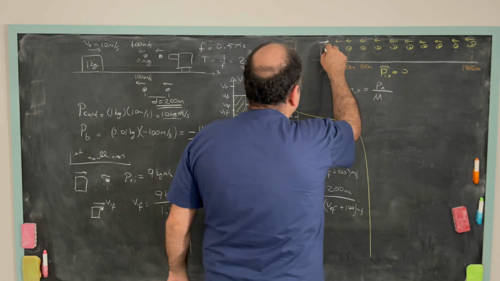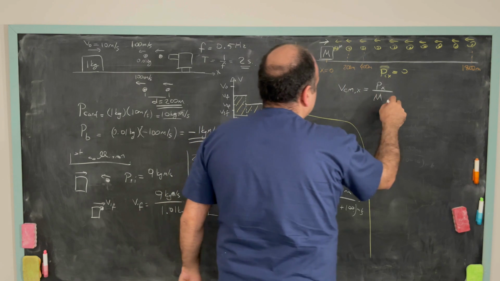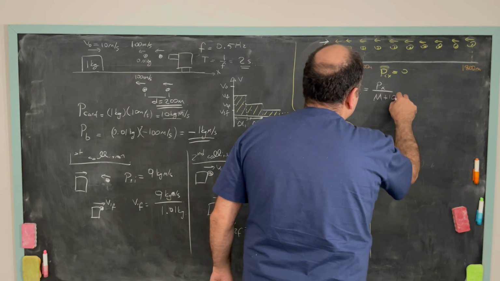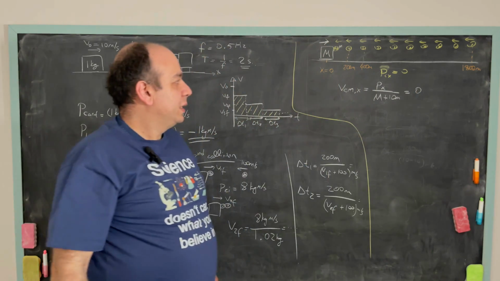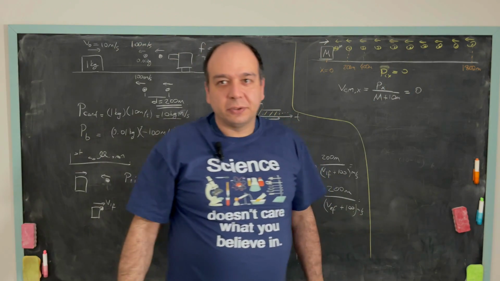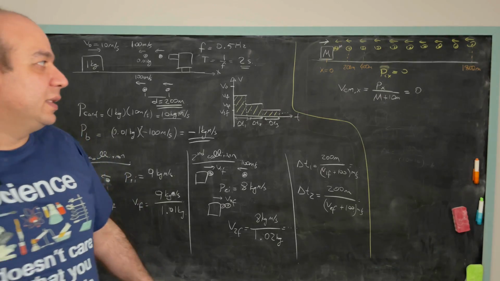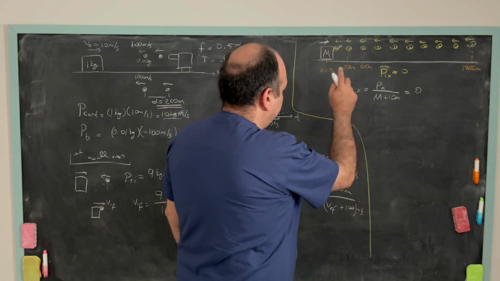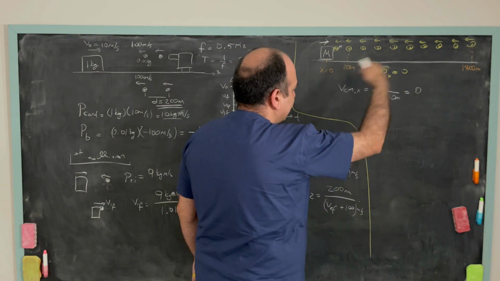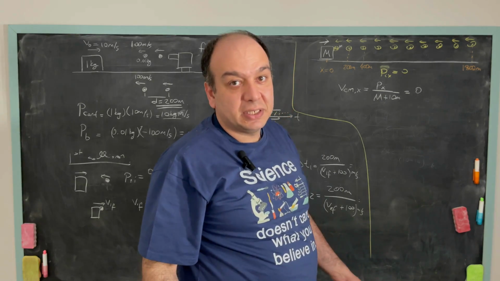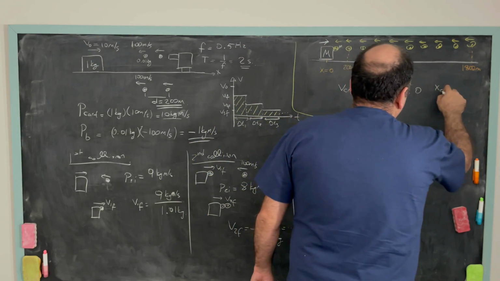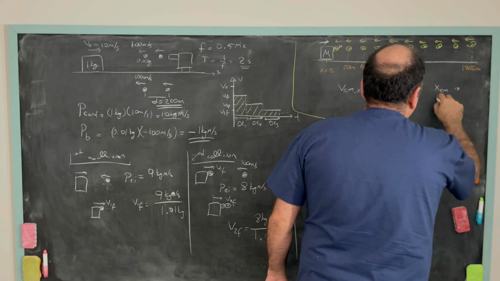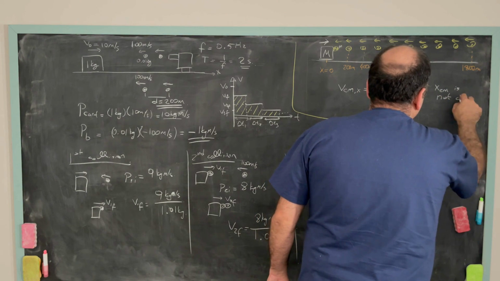If I call this m and this one little m, this would be m plus 10 little m. But this is going to be 0 because the linear momentum is always 0. What does this tell you? The center of mass on the x-axis is actually stationary. It's not moving, right? So x center of mass is not changing.